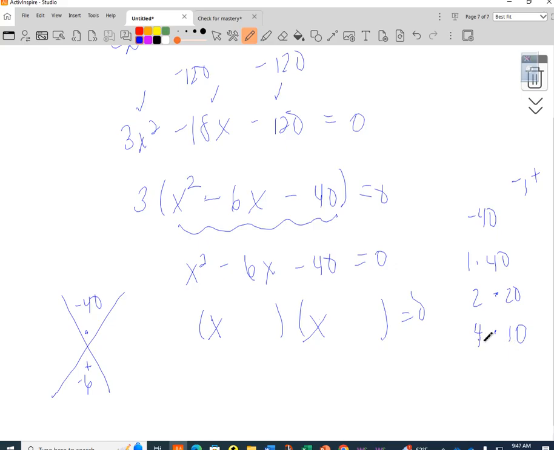If I multiply 4 times 10, I get negative 40. If I subtract 4 minus 10, I get negative 6, and that's what I need. Right, Danielle? Okay. So that means the 4 is positive and the 10 is negative. So plus 4, minus 10. Does that make sense? Now what do we do?